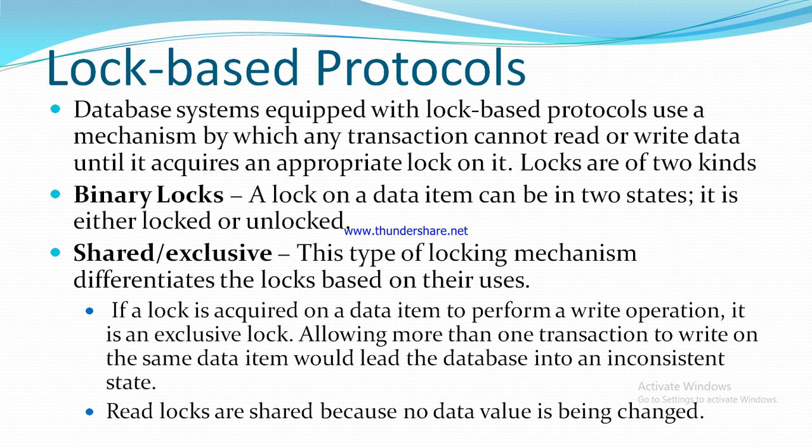The database is a resource. If I have to use data, I need permission to lock the resource. A lock means I cannot allow another transaction to access the data. So that is a lock.